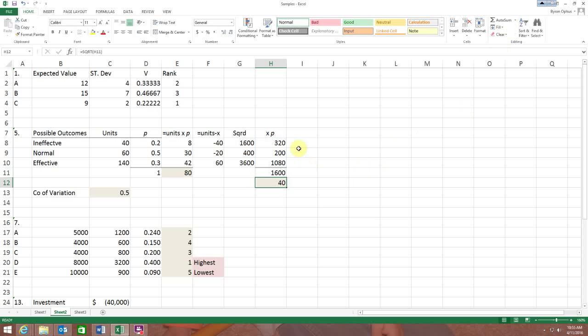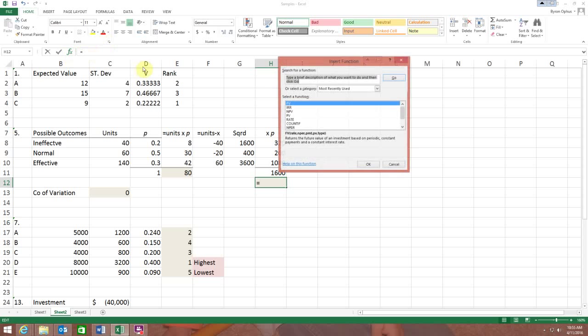Because I squared these, to find my standard deviation I need to take the square root of this. There are two ways to do that. There is a formula, as you can see up there, that's square root, and I'll maybe show you both ways. So I can click on this, come here, go to statistical, I believe, and come down here.